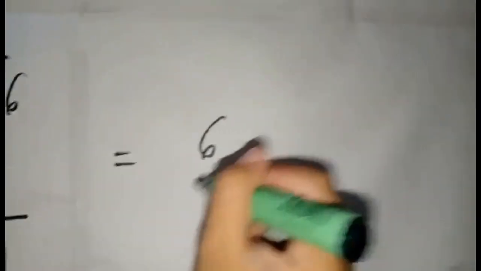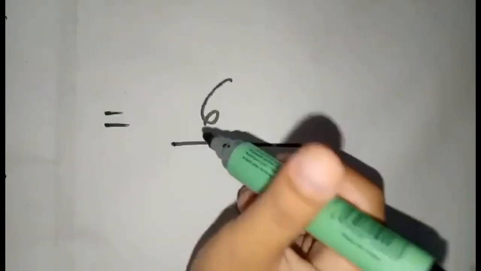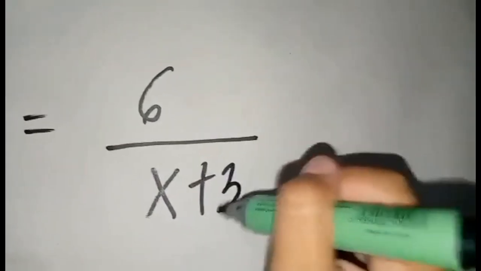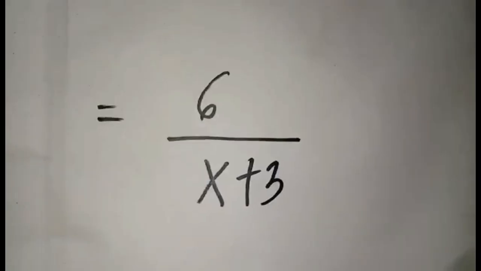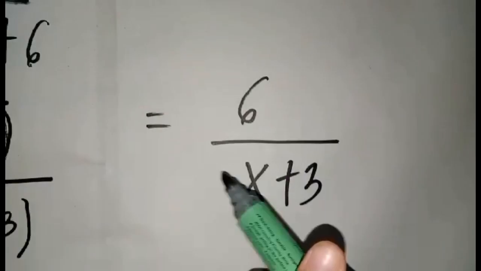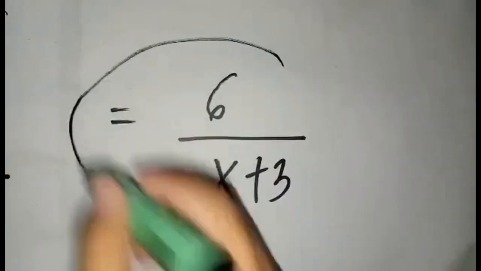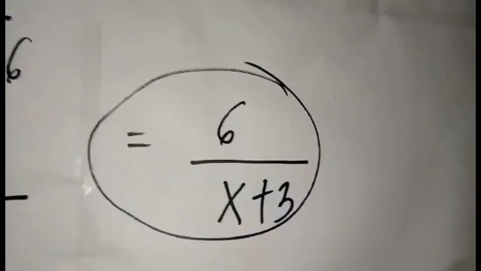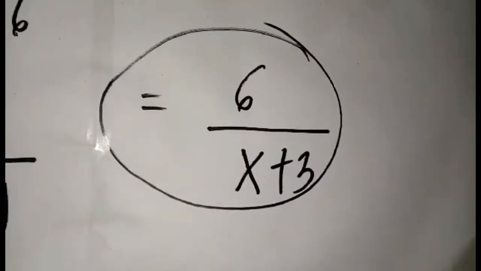Equal 6 over x plus 3. So our f of x over g of x equals 6 over x plus 3. So this is our final answer.